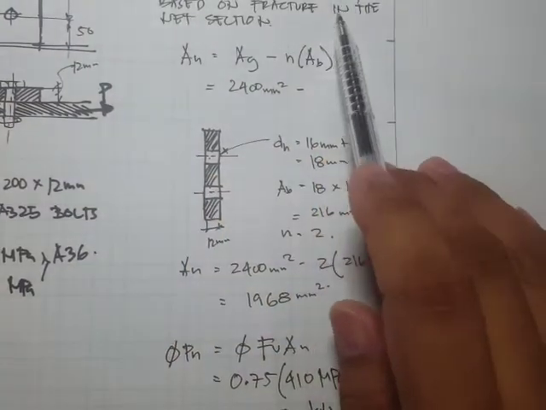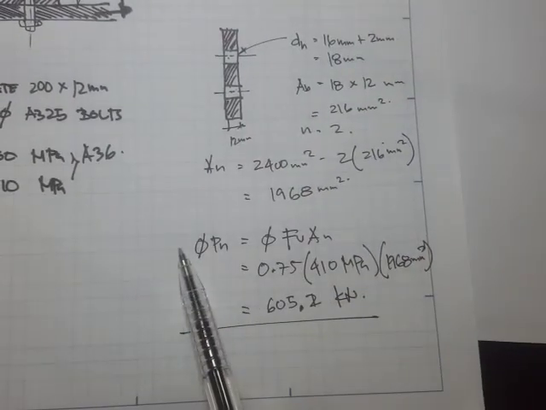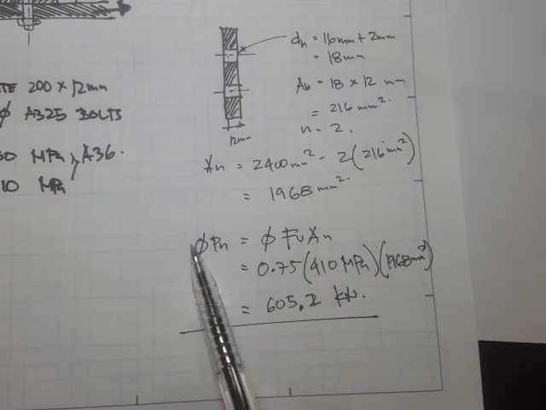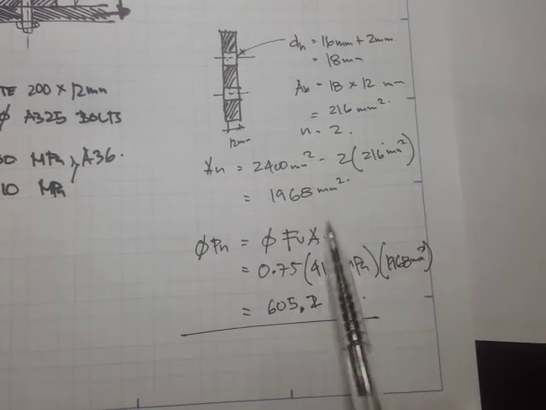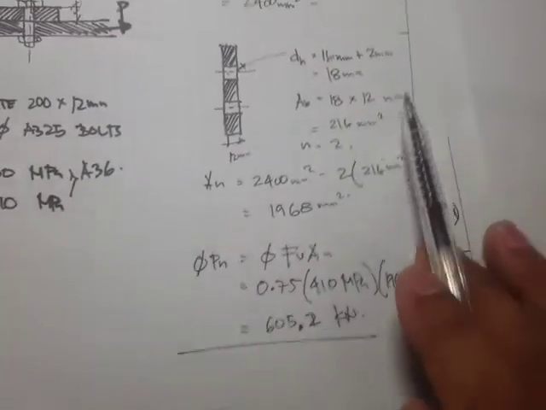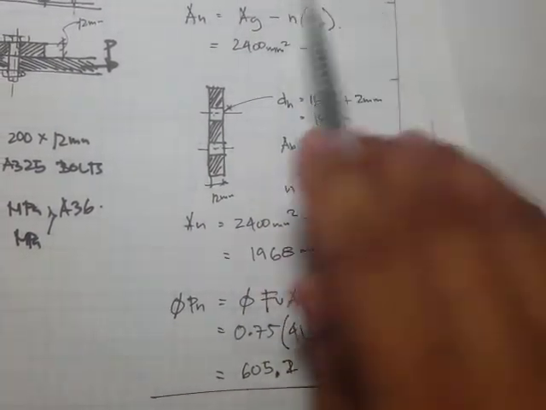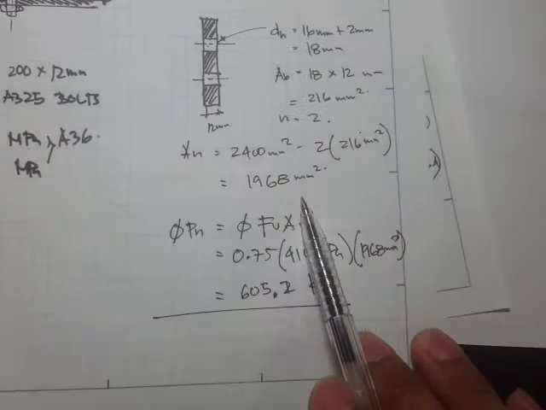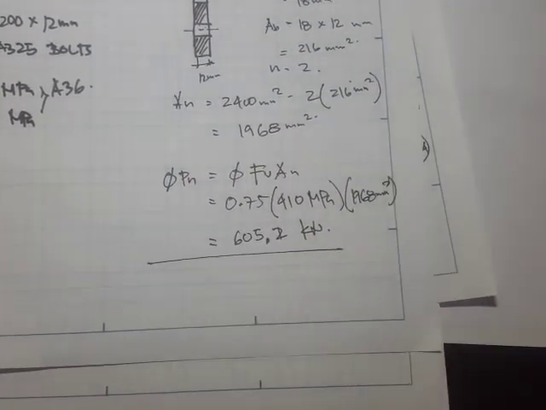Now for the fracture in the net section, we apply this equation, and we separate the computation for the net area because that would be systematic, I think. So this is the net area, and then we just substitute the values and we obtain this.